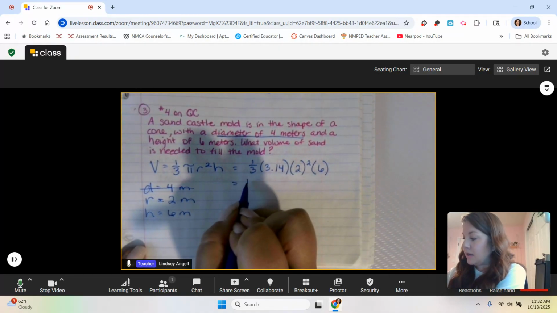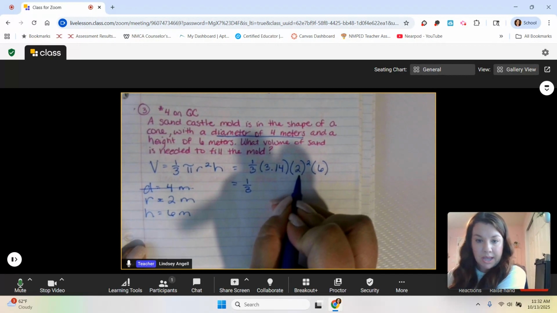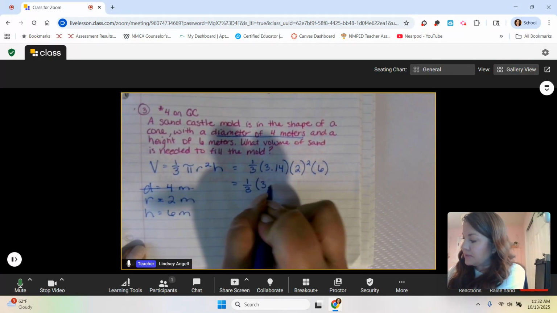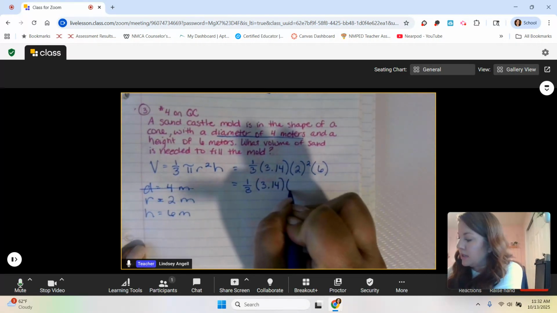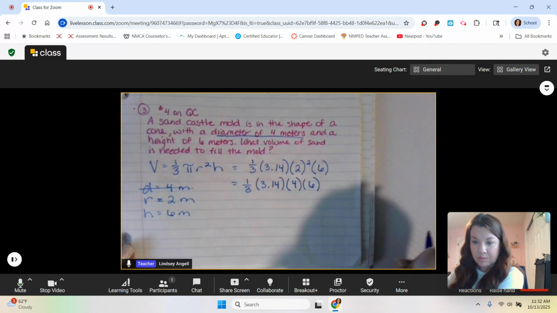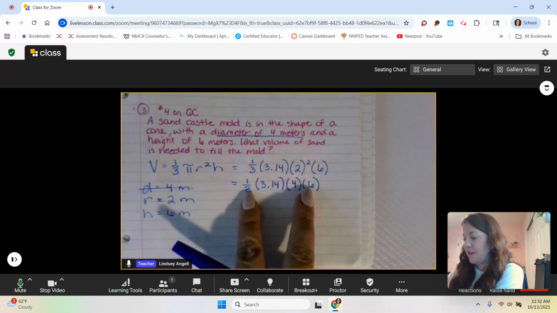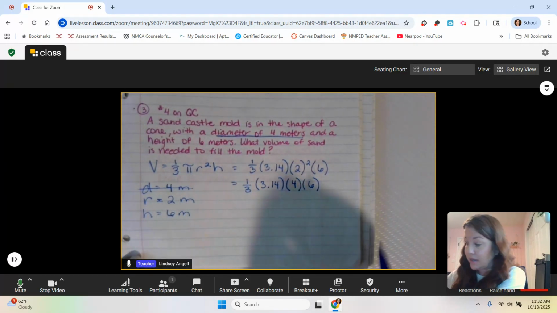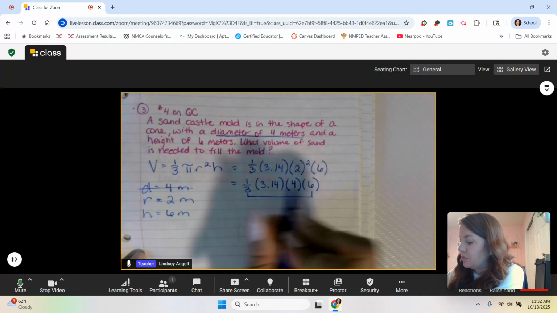So once again, I'm going to first apply my exponent. So I have 1/3 times 3.14 times, and then 2 squared is equal to 4 times 6. Well, once again, we happen to have a number that goes well with a 3. 1/3 of 6, or 1/3 times 6, is 2.